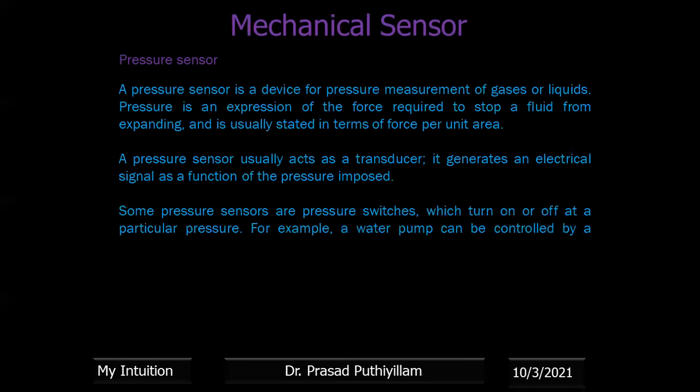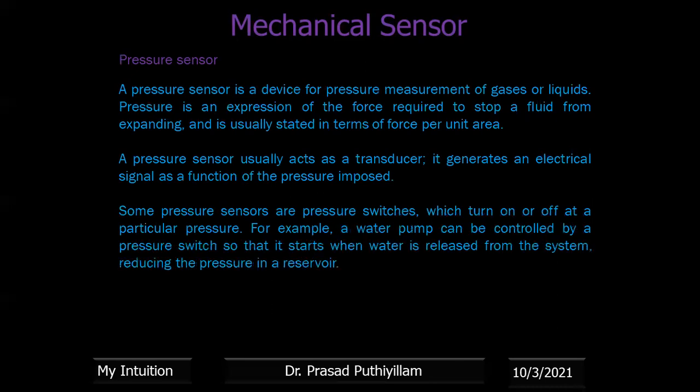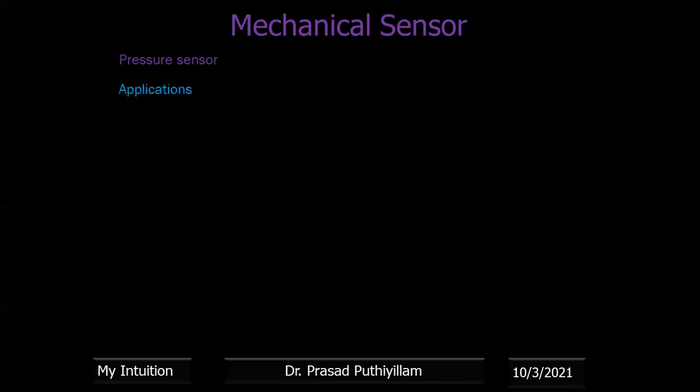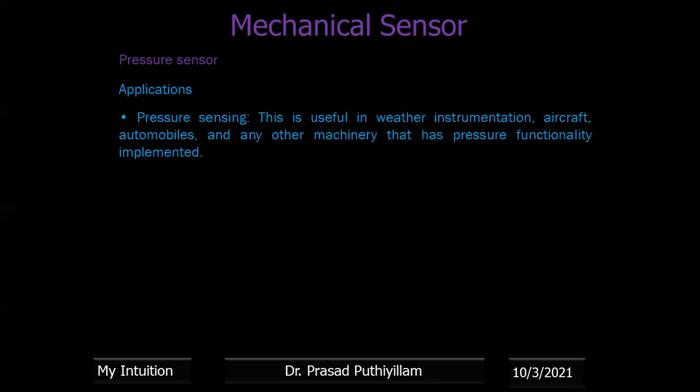Some pressure sensors are pressure switches which turn on or off at a particular pressure. For example, a water pump can be controlled by a pressure switch. As the reservoir water level increases or decreases, it will automatically switch off or switch on. That type of sensor is called a pressure sensor.